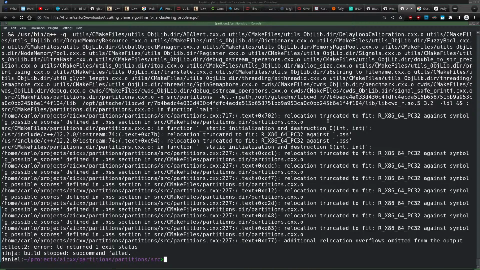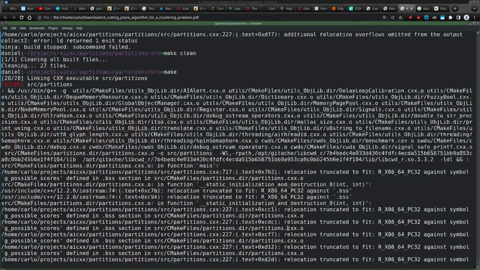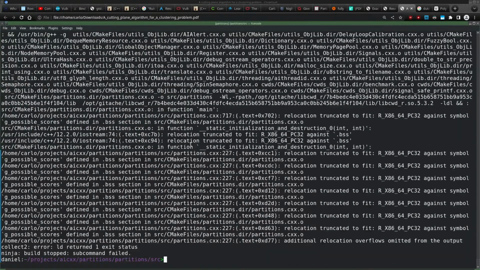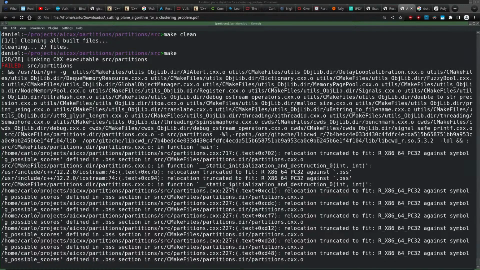Relocation, what the fuck is this? Oh, that's interesting. Nobody understands this. Oh, possible scores.